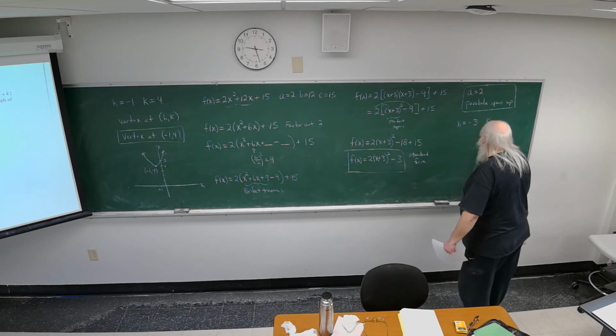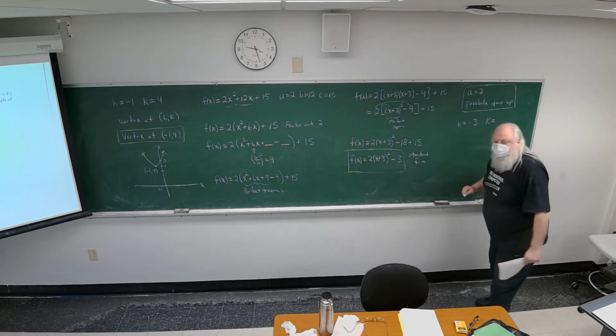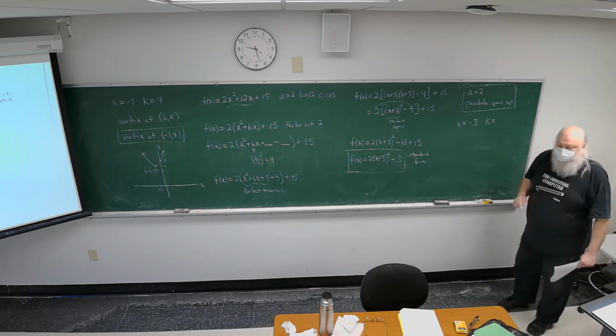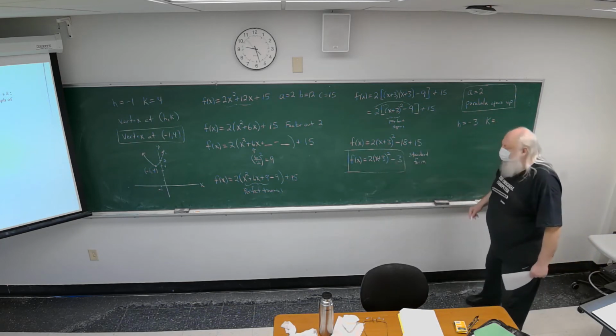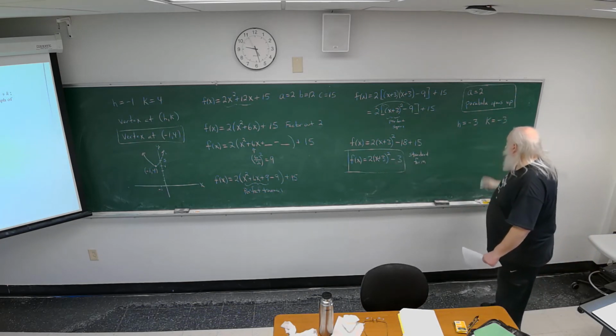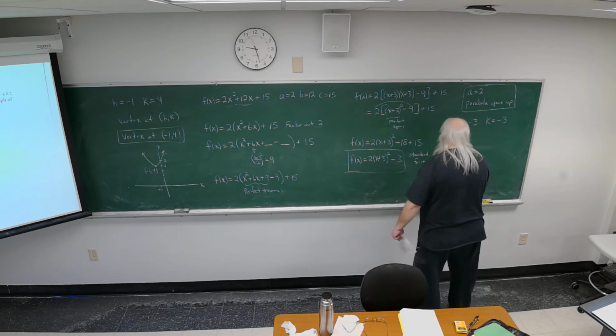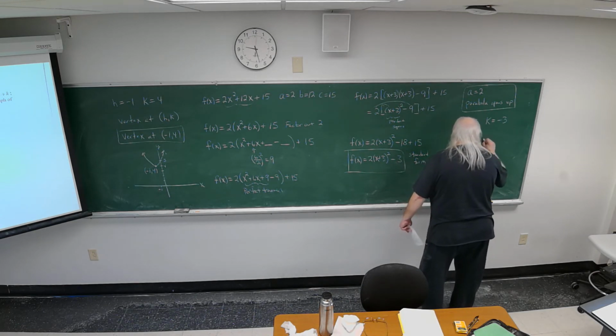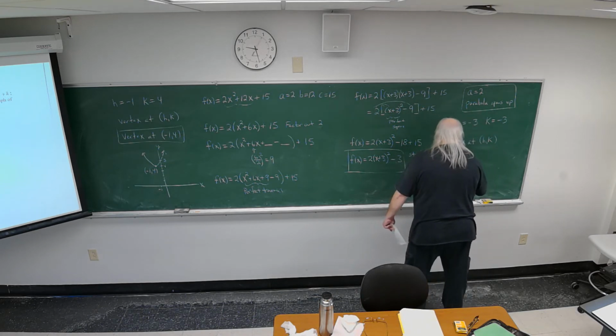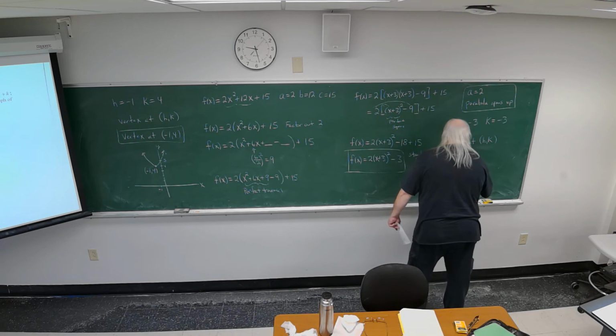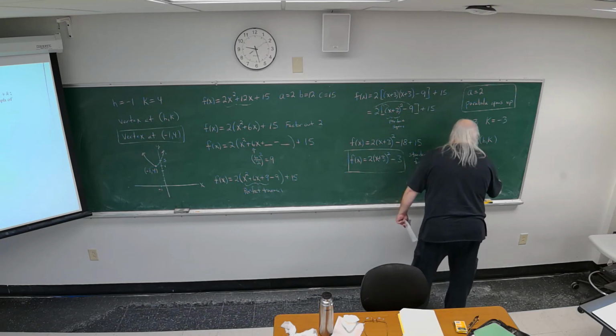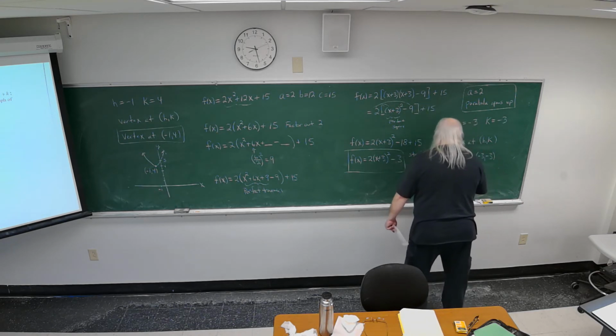What's k equal to? Yeah, it's -3. You don't change the sign for k. So the vertex is at the point (h, k) in the coordinate plane, which is the point (-3, -3).